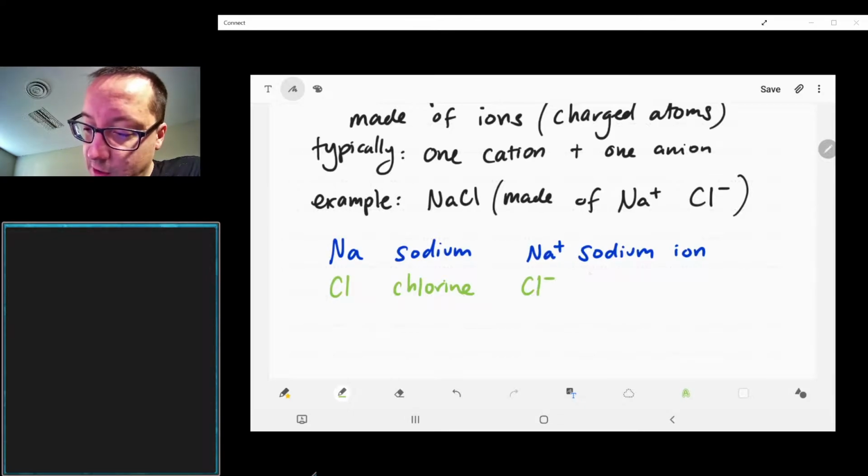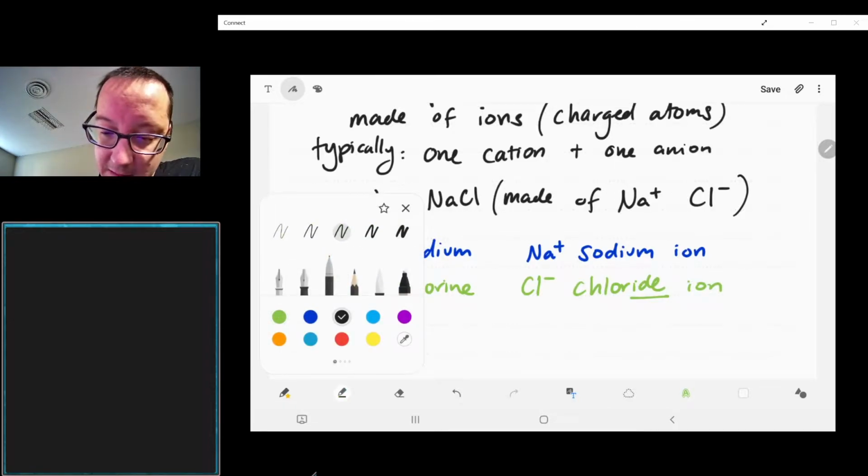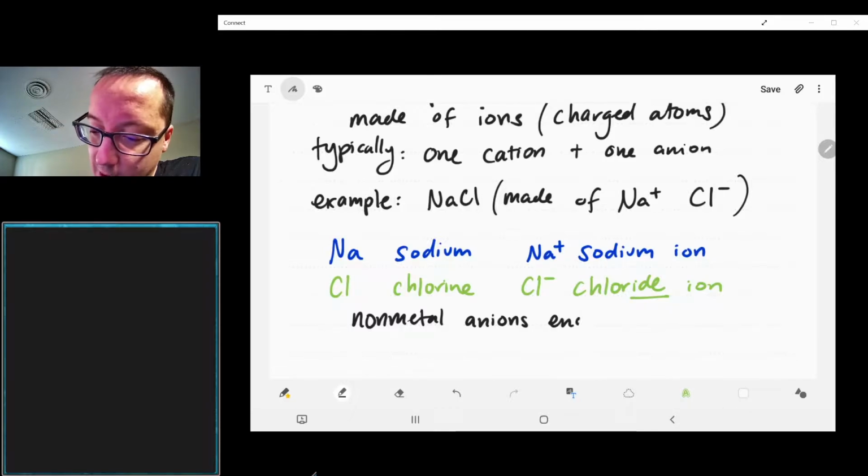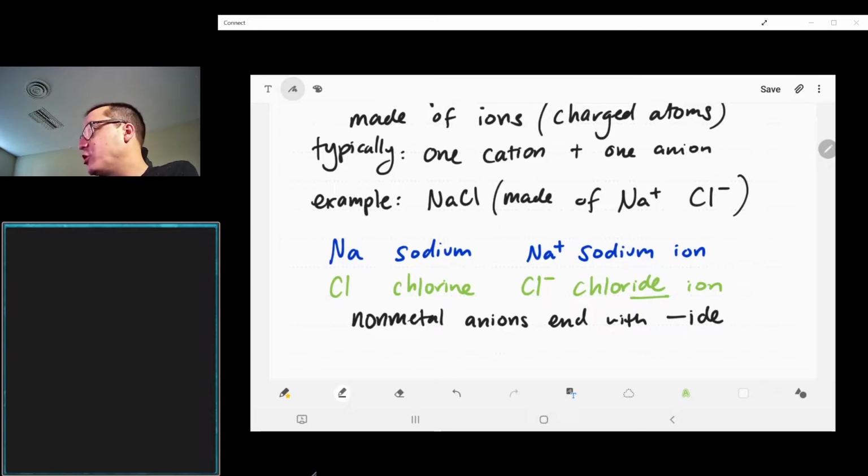But when it's charged, we call it the chloride ion. And we're going to see that non-metal anions end with "ide." So we're going to change the ending of our anions to make them end with "ide." We basically cut off the last syllable, whatever it is, and replace it with "ide."